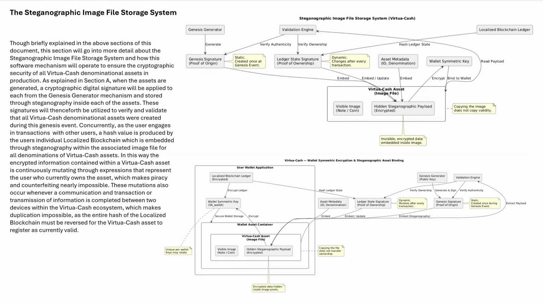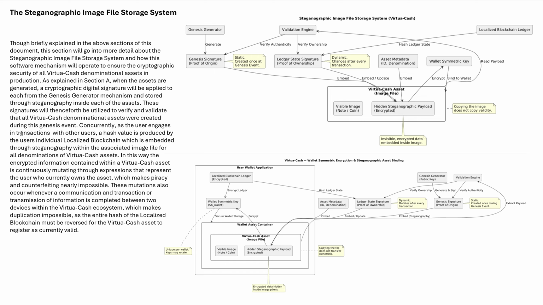As explained in section A, the Genesis generator section, when the assets are generated, a cryptographic signature is applied by the Genesis generator mechanism and stored through steganography inside each of the assets. These signatures will thenceforth be utilized to verify and validate that all virtual cache denominational assets were created during this Genesis event.